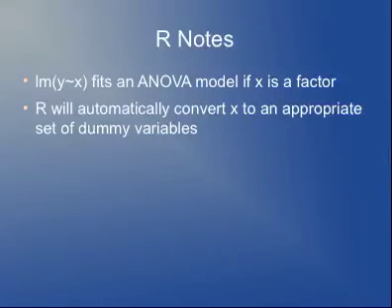In general in R, if you say lm(y ~ x), that will fit an ANOVA model assuming x is a factor, and R will automatically convert x to an appropriate set of dummy variables.